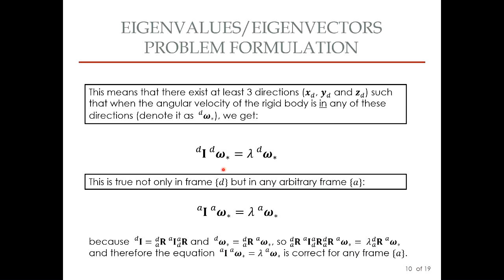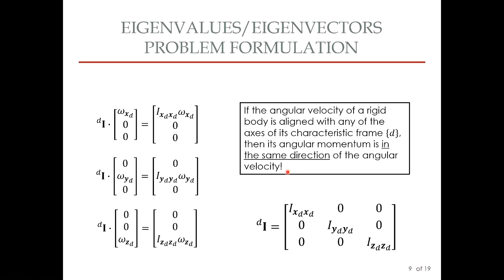I don't know even, but I ask myself, could it be a case that I omega, the angular momentum, is parallel, that is a scalar times, to the angular velocity? Okay? So could I achieve these things?